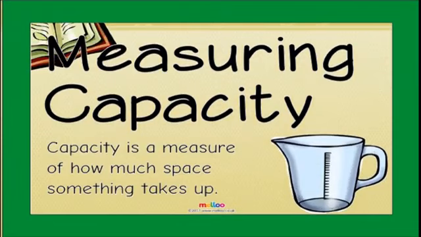You know now we use measures of 1 liter and half liter to measure liquids. Now we will understand the meaning of capacity. What is the meaning of capacity? Here, capacity is a measure of how much space something takes up. I will tell you in detail.